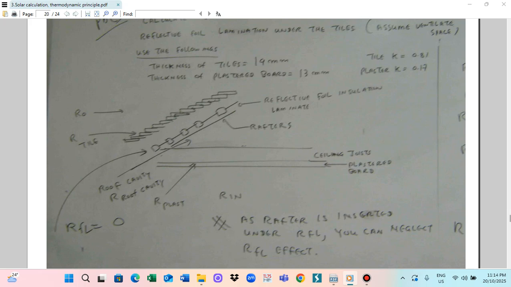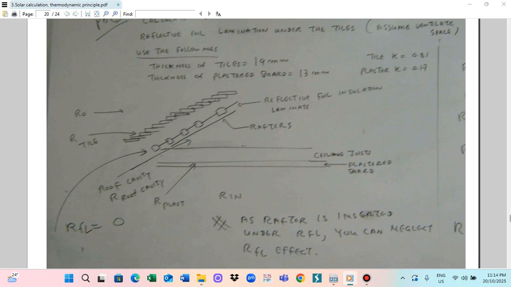So by putting the rafter, you can neglect the reflective foil insulation because there is no more reflection. Because if you put the rafter, the rafters cover the surface of the reflective foil, so it can no longer reflect. So this is why you can neglect it. So in this case, RFA is 0. So in this kind of situation, RFA is 0. The reason is, this is a foil here, this surface is where all the light can be reflected.